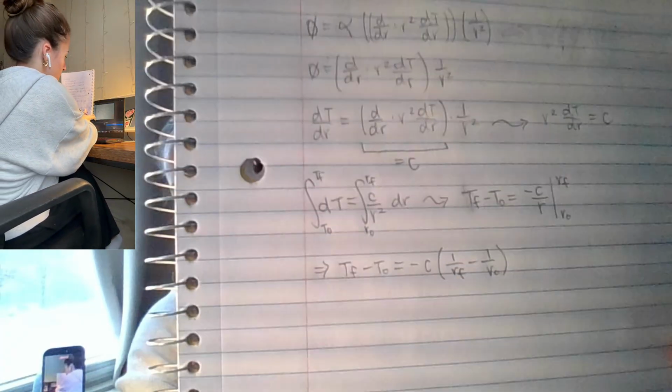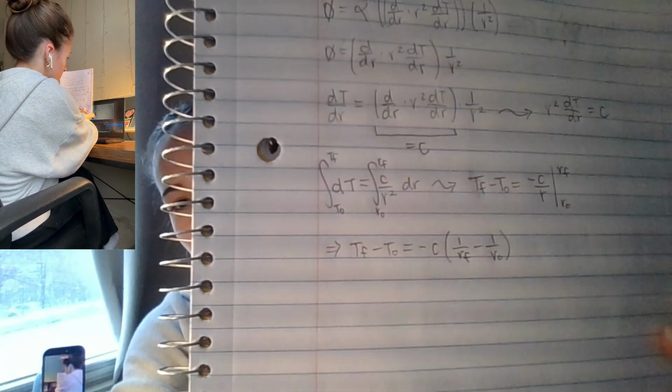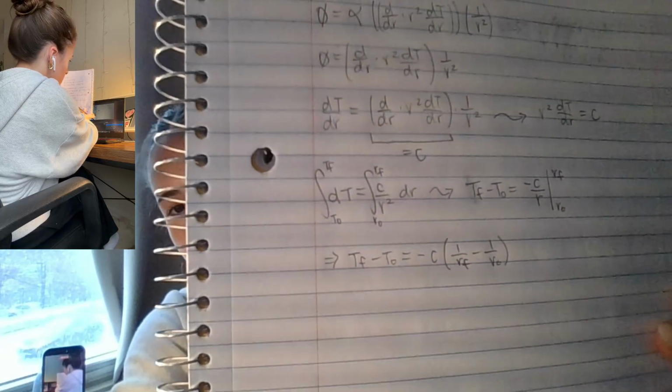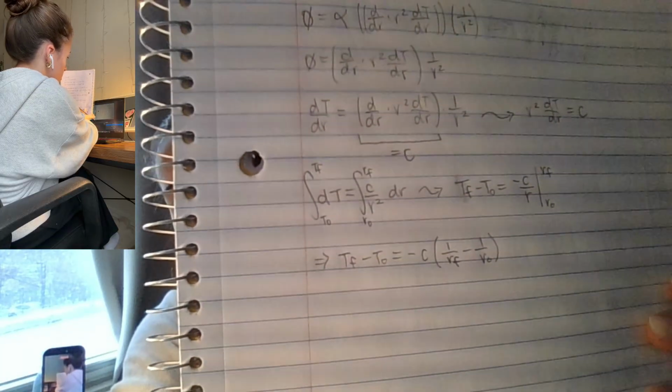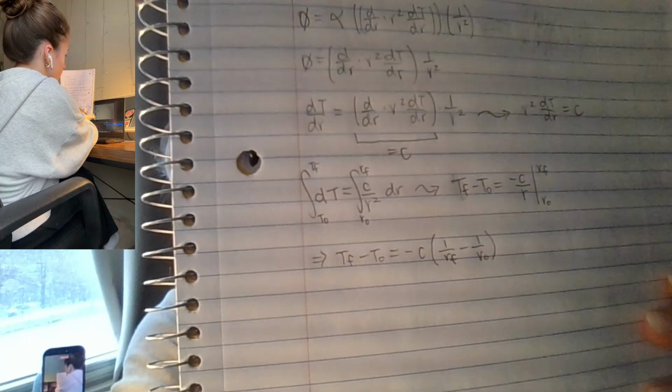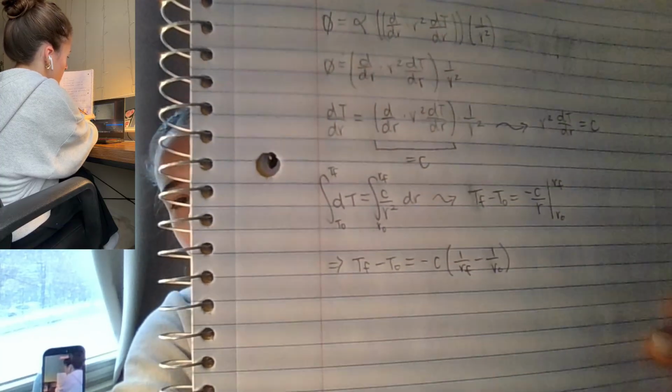So that's what we get here. Tf minus T naught equals negative whole big constant term, 1 over the final radius minus 1 over the initial radius.